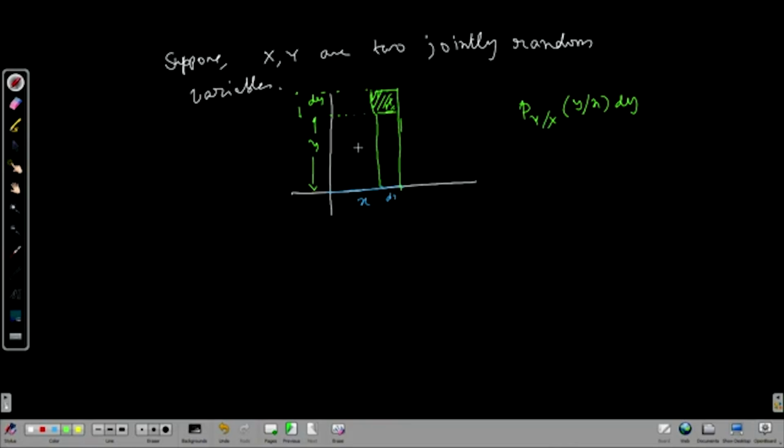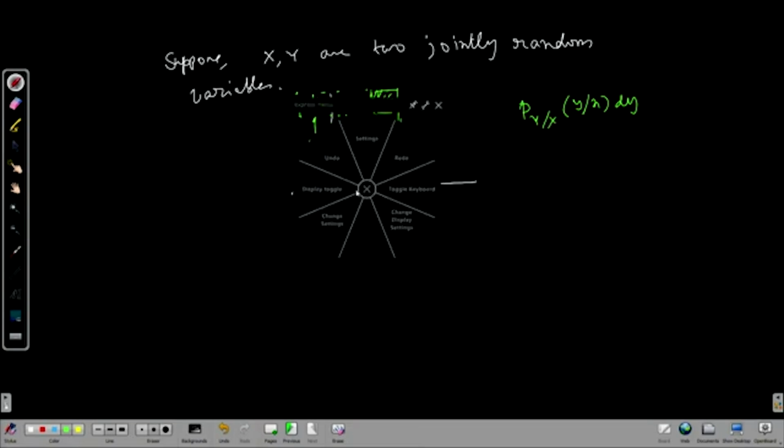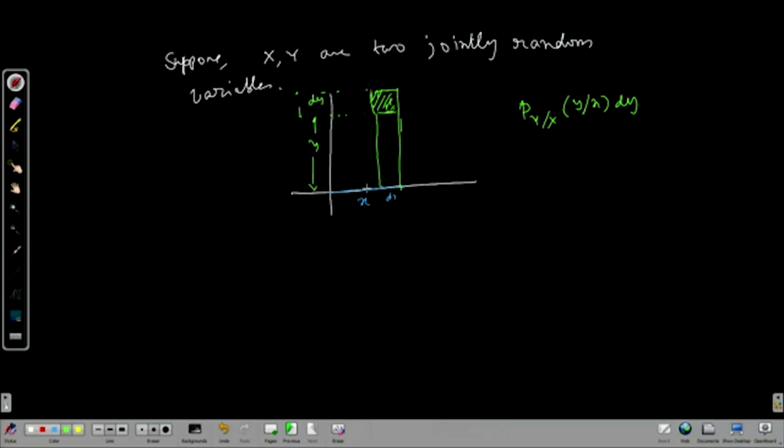Under such cases, if physically y does not depend on x at all, it does not matter whether I constrain capital X to lie from small x to x plus dx, or maybe x prime to again dx, because there is no relation between them. So, it does not matter whether temperature is from here to here or here to here.